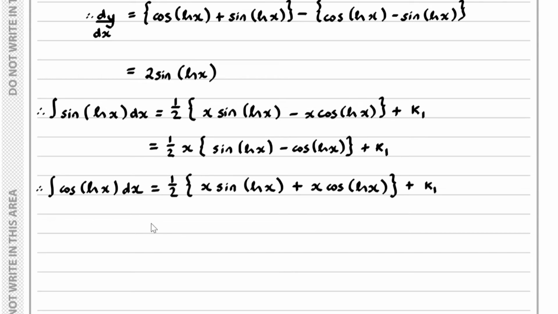And if I factorize out an x, I've got 1/2 x multiplied by the sine of the natural log of x plus the cosine of the natural log of x plus k2. And that's exactly what we wanted to show.